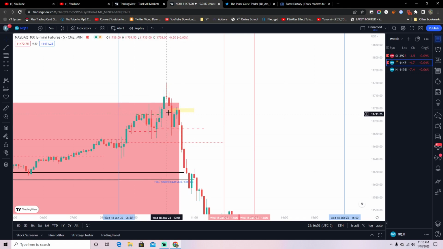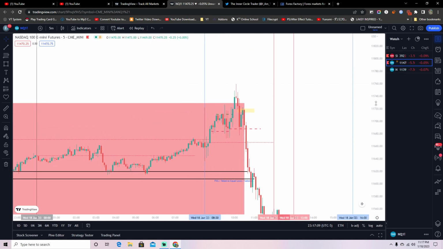Regardless, this low was violated right here. Price traded below, okay? It then had an inefficiency, a fair value gap. It traded into the fair value gap and continued lower.